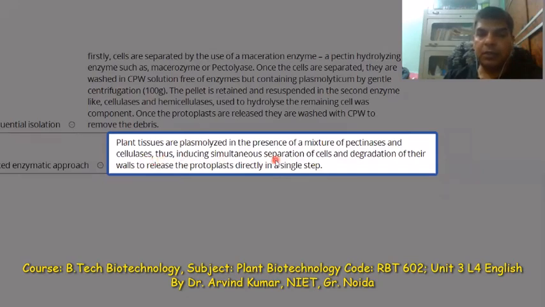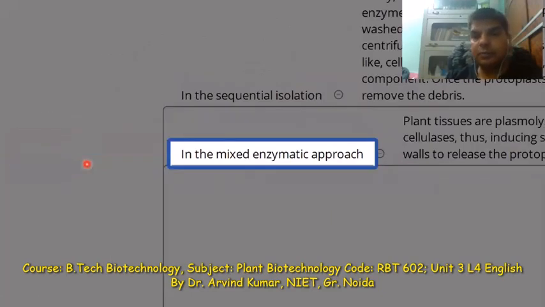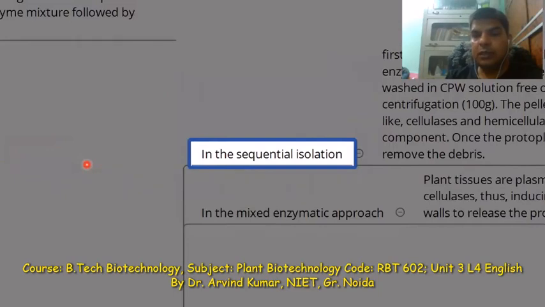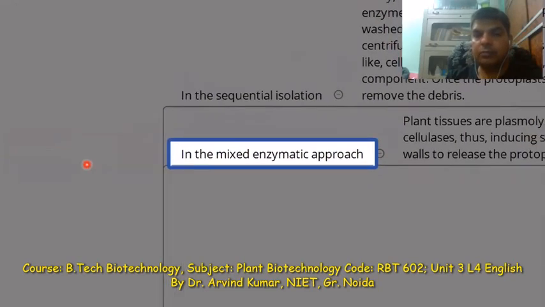Thus it includes simultaneous separation of the cells and degradation of the wall to release the protoplast directly in a single step. So the only difference in these two methods is the way we use the enzymes. In sequential isolation, we use the pectin-degrading enzyme first, and second the cellulase or hemicellulase enzyme. In the mixed enzymatic approach, we use both enzymes simultaneously to get the protoplast isolated.